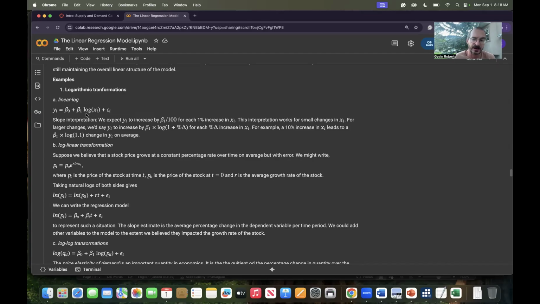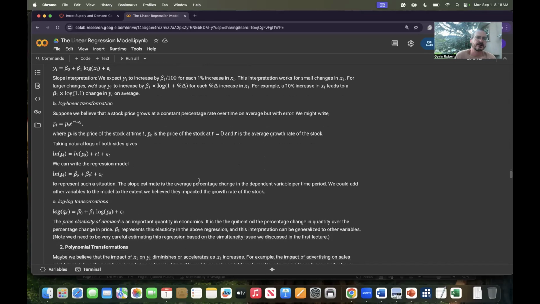So really, what nonlinear and linear comes down to is more about additive separability oftentimes than it is about nonlinearities per se. So, slope interpretation: we expect y to increase by beta 1 over 100 for each 1% increase in x. Now, of course, we have to get a little more careful about slope interpretations. This interpretation works for small changes in x.